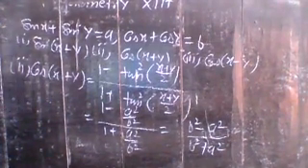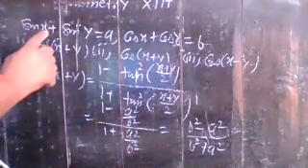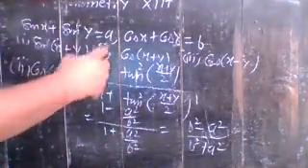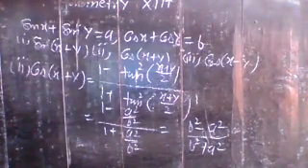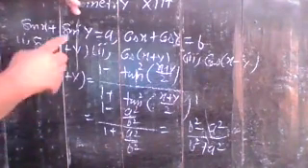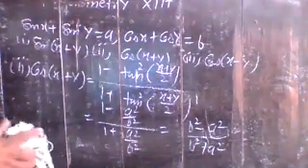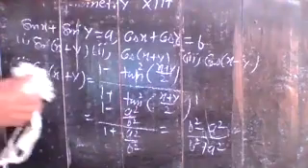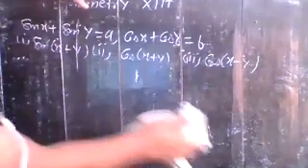So here you apply a different method. From the given results, sin x plus sin y is equal to a, and cos x plus cos y is equal to b, you use squaring and adding. In this way you can find the value of the third part. Just see how you find your third result.